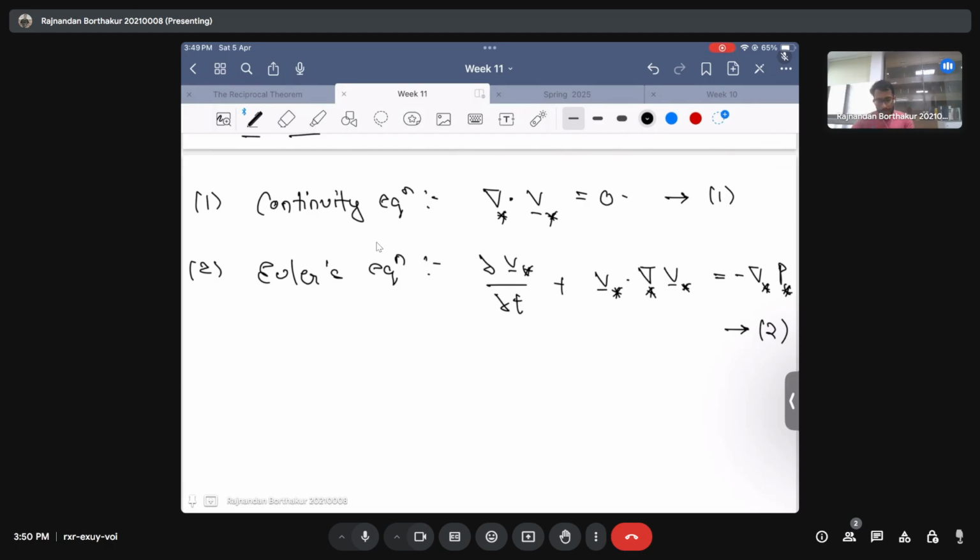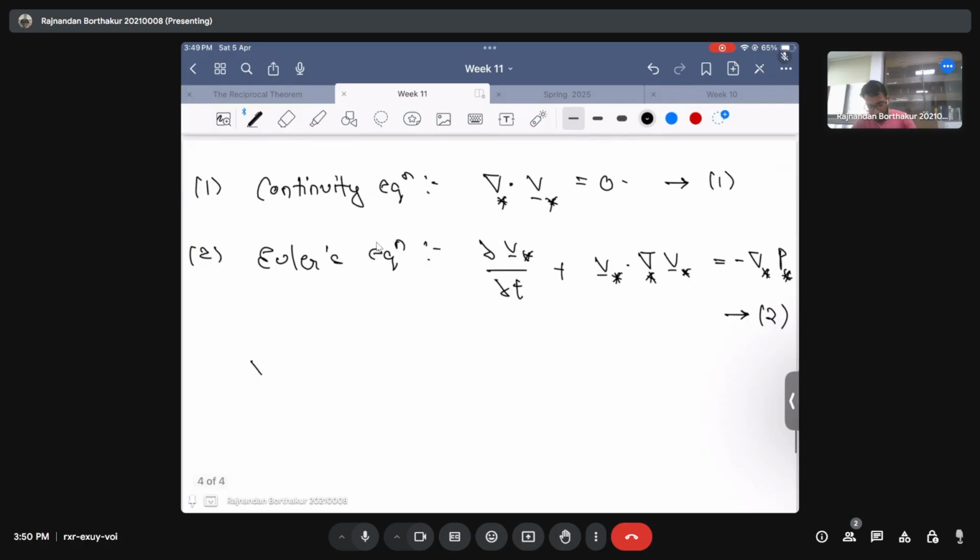Recollect that this v star is the total velocity field, because the lowercase variables are the aggregate variables, comprising the base variable and the perturbations. So v star is your u star times e_x, where u star is a function of z, as we already saw, plus the perturbations, which are v star dash.